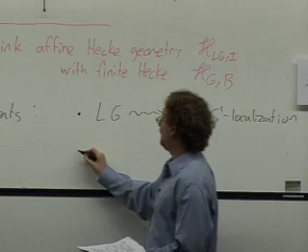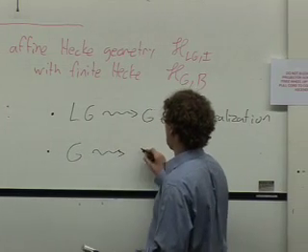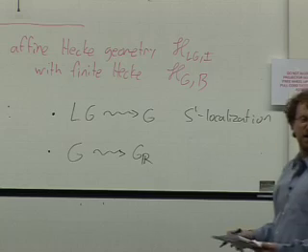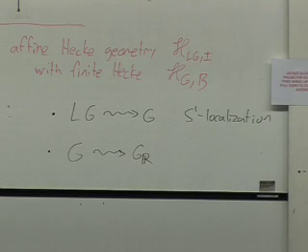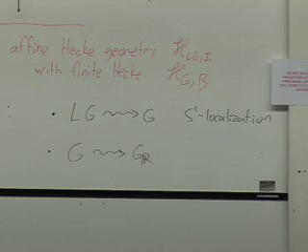That's one ingredient. The other ingredient is we want to pass from the complex group to a real group. And this is the harder one. How are we going to go from complex to real? This is one of the places where the Langlands point of view really helps you.